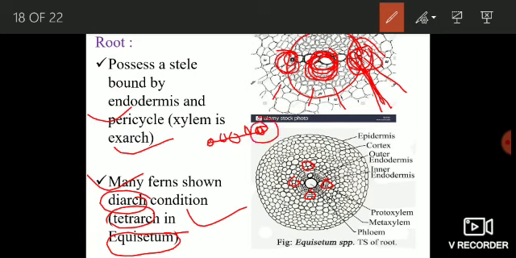If you have two distinct protoxylem groups in the root, this condition is known as diarch condition. Okay, and in some cases, for example Equisetum, you have tetrarch condition. You have four distinctive protoxylem groups, and this is known as tetrarch condition, example Equisetum.